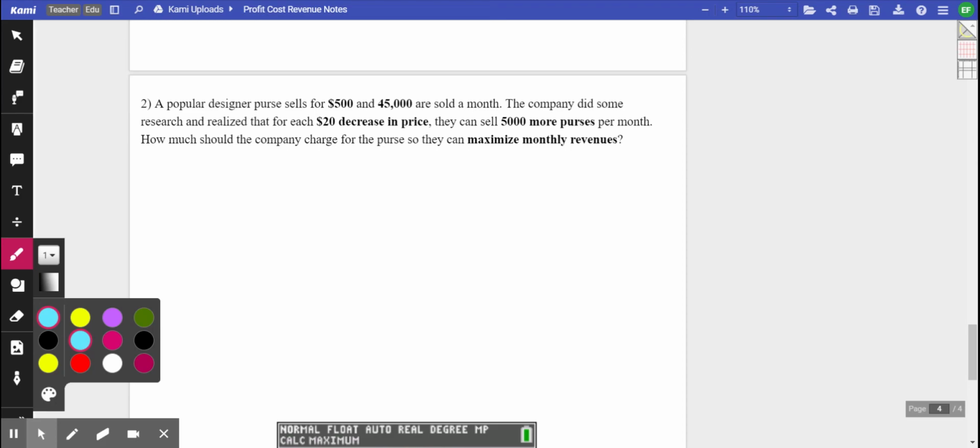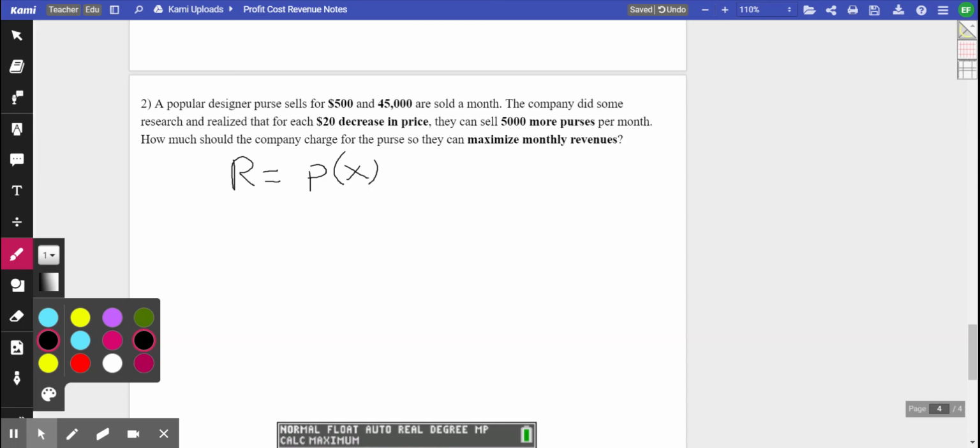So we're looking at really two different things here when we're talking about revenue. We're talking about the price for the item, and we're talking about the number of items that are sold. So this is similar to before in our example when we were trying to come up with our revenue function. So our revenue is going to be our price, so I'll call that P, multiplied again by X, which is going to be our number of items sold. So let's think about this. Our number of purses sold.